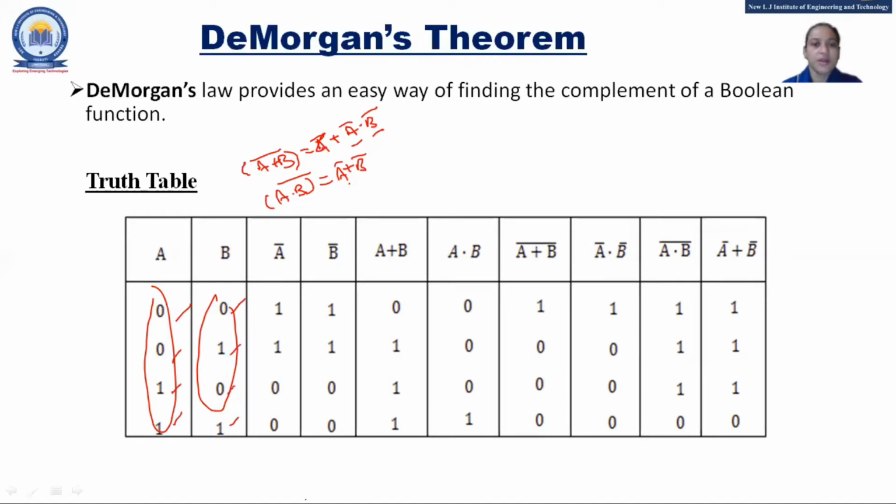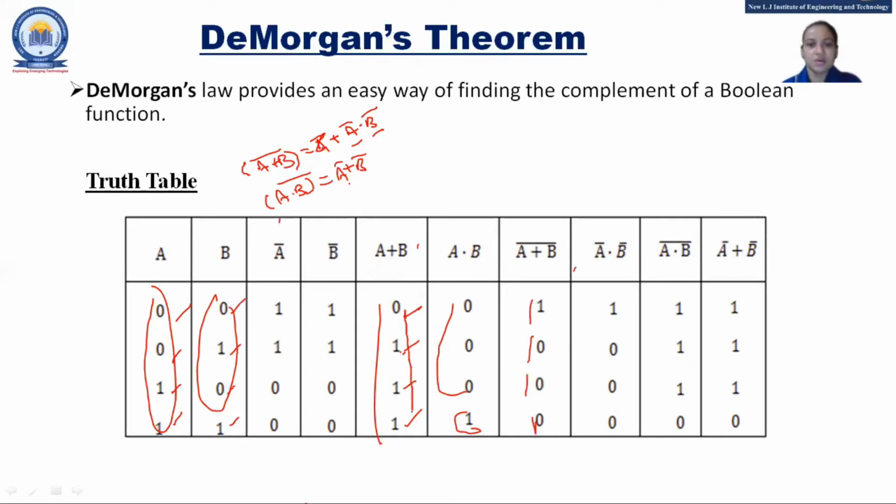Now we have to find A plus B also. In both equations we will find the individual terms. A plus B is 0 only when both are 0, and if either one is 1, it returns 1. Similarly for A dot B, if either is 0, the term becomes 0, and if both are 1, then it becomes 1. Now we will take the complement of it. The complement we get is 1 0 0 0.